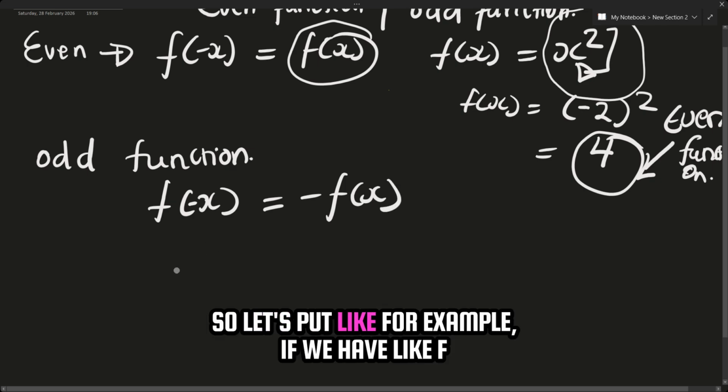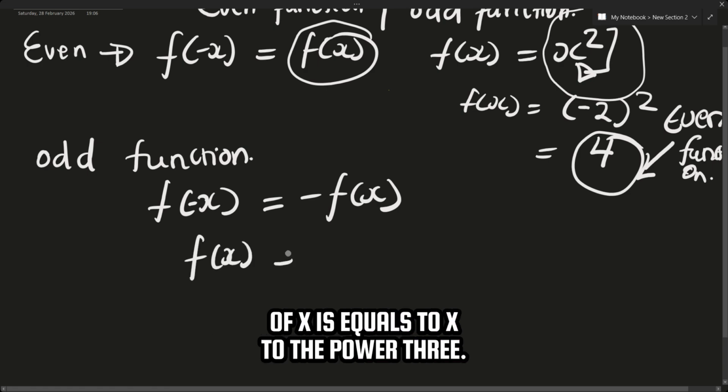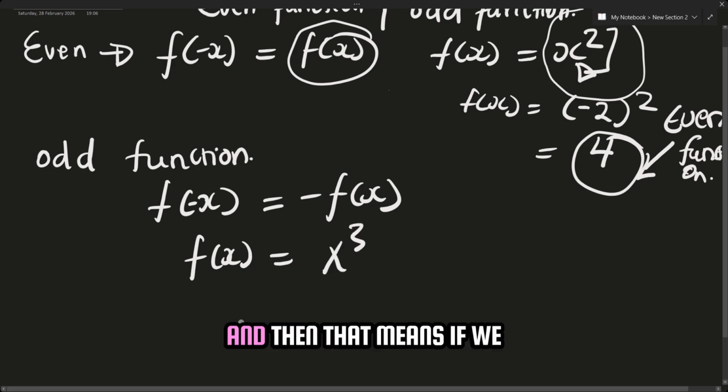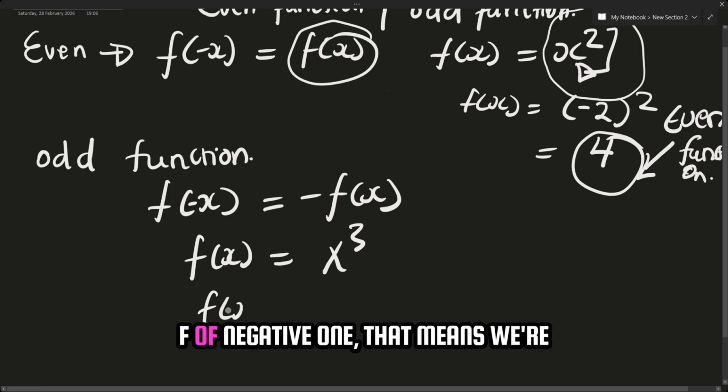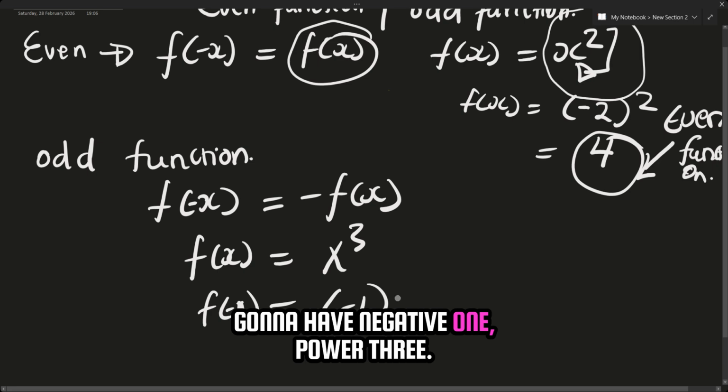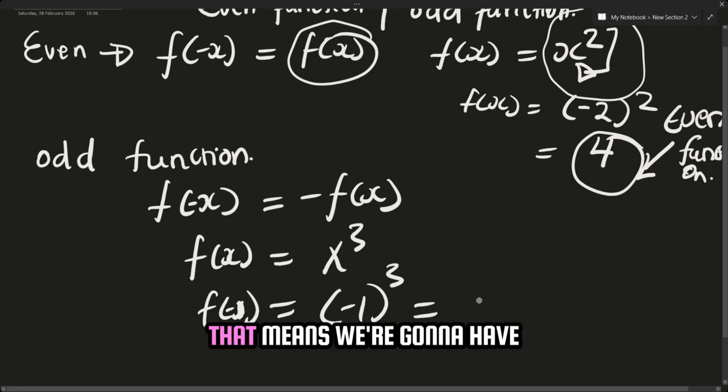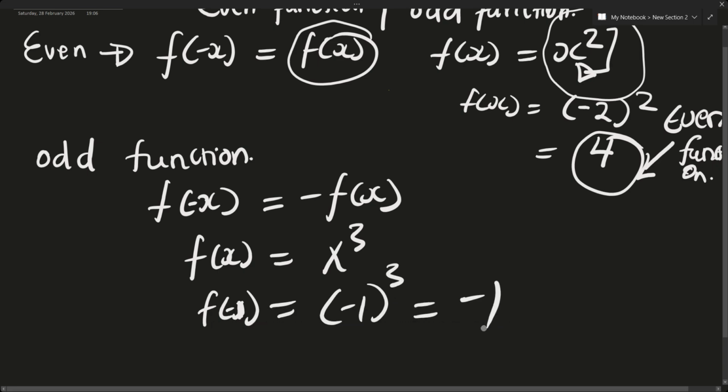So for example, if we have f of x is equal to x to the power 3, and we place negative 1, f of negative 1, that means we're going to get negative 1 to the power 3, which is negative 1, right?